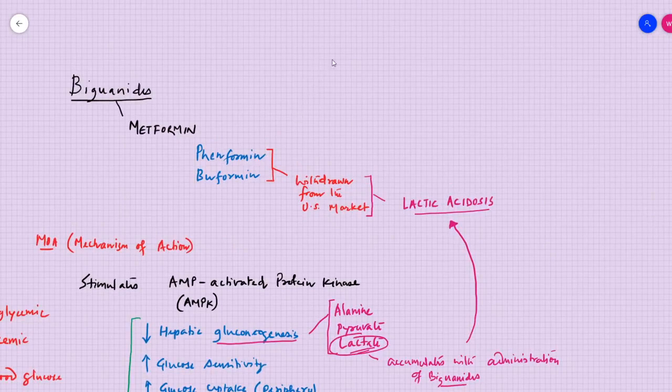The first strategy for diabetes is to go for non-pharmacological interventions, such as decreasing weight, having a plant diet, and exercise.